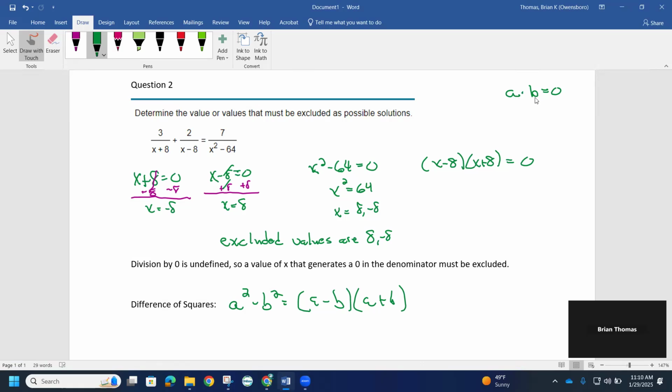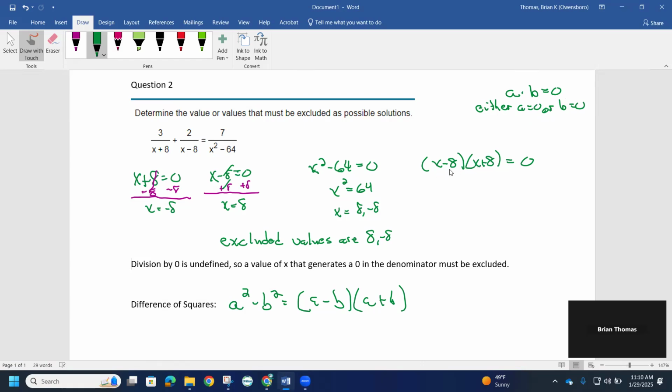If you're multiplying a times b, the only way to get 0 is one of these factors must be equal to 0. So either a is equal to 0 or b has to equal 0. So again, a represents a factor and b represents a factor. If either one of those is equal to 0, then if you multiply, you're going to get 0. So it's kind of considered the multiplication property of 0.